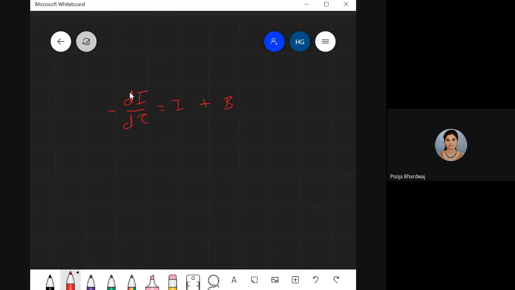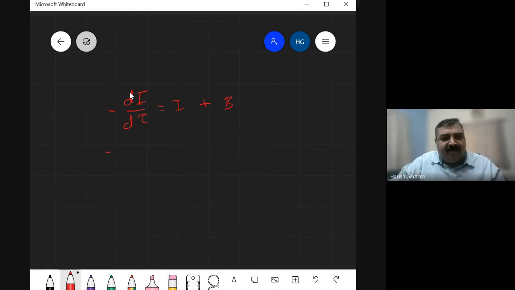Yes, sir. Okay. So what I'm trying to do is take the d tau to the other side. So I have I plus d tau plus beta. Of course, all of these are equations of the positions and all those things, so I'm just dropping them. And then I multiply, so I bring this to the other side.